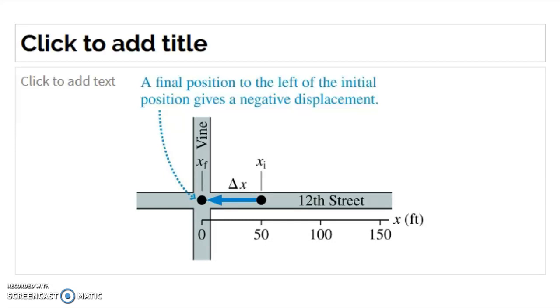Here I labeled it X. I have unit of feet, and I labeled my origin as the intersection of Vine and 12th Street, just because it seems like it makes sense. So I labeled Ricky's initial location at a location of 50 feet and their final location at value of 0. So we'll continue talking about this problem in the next video.